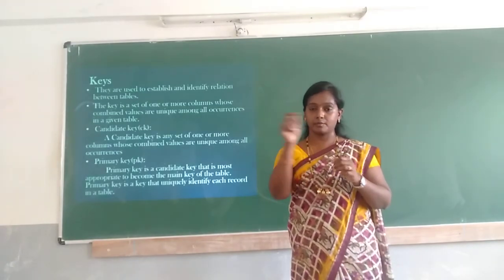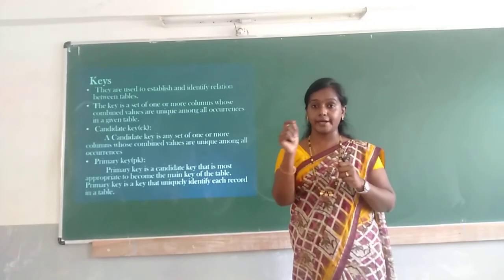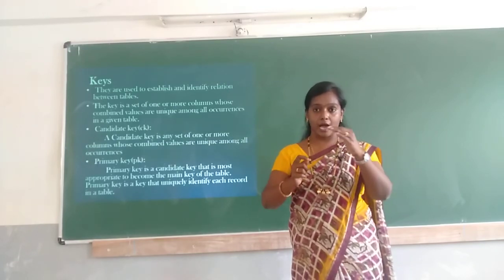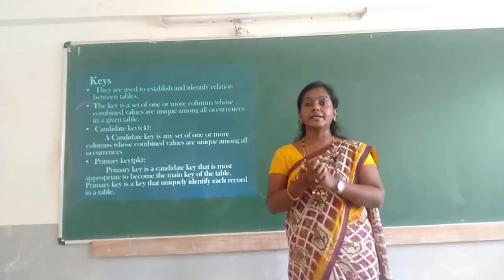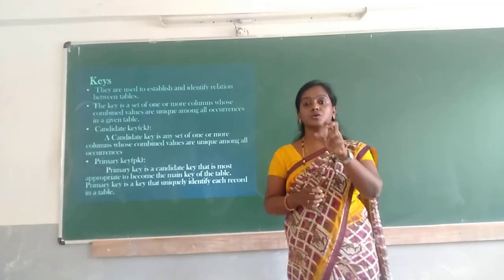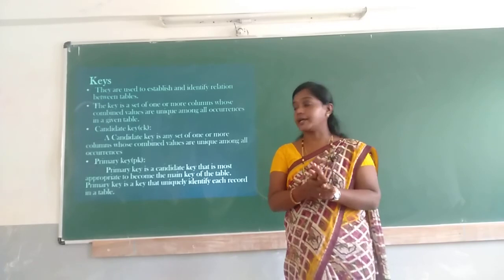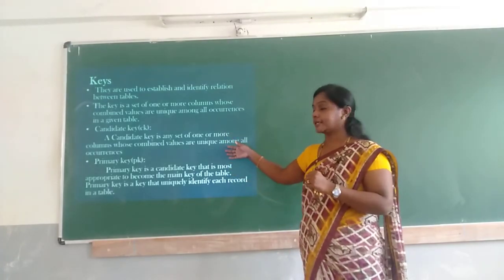If three attributes or two attributes are combined, no entity or row will be repeated. That means it shows the unique identification. So that is a candidate key.